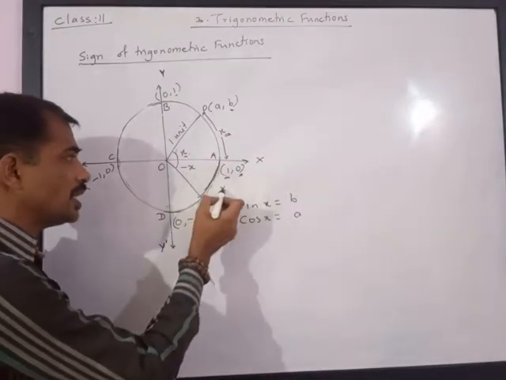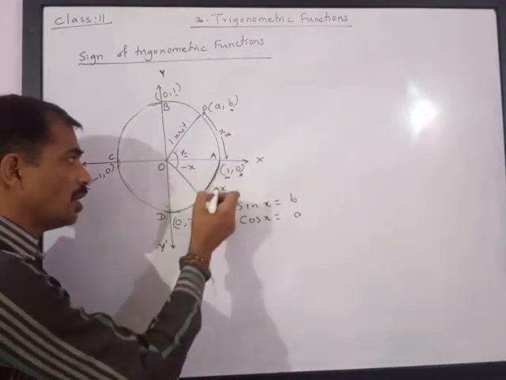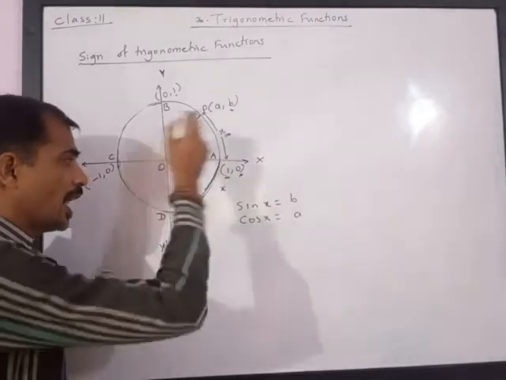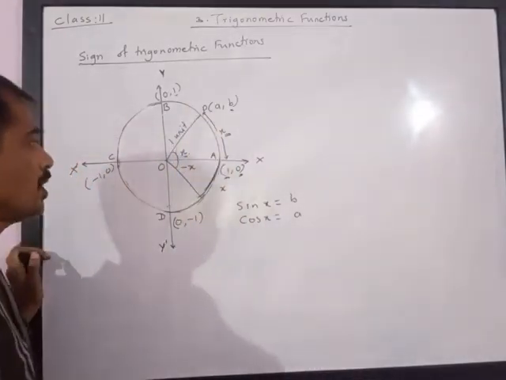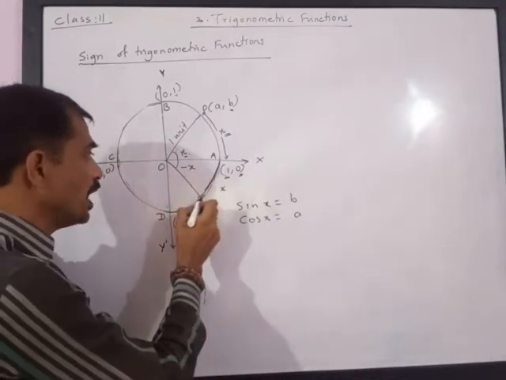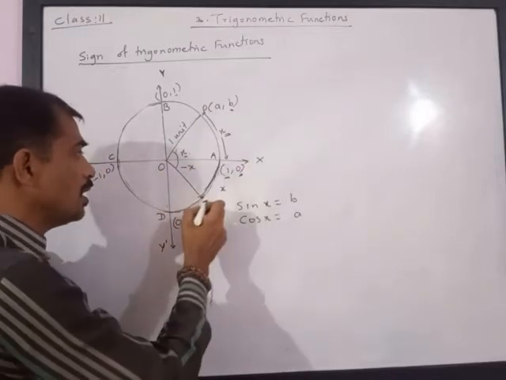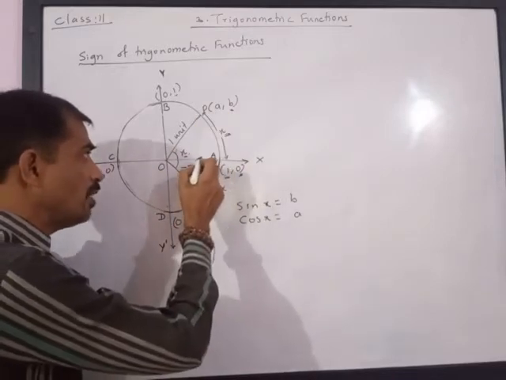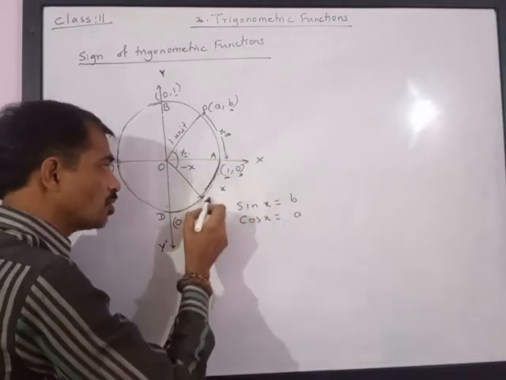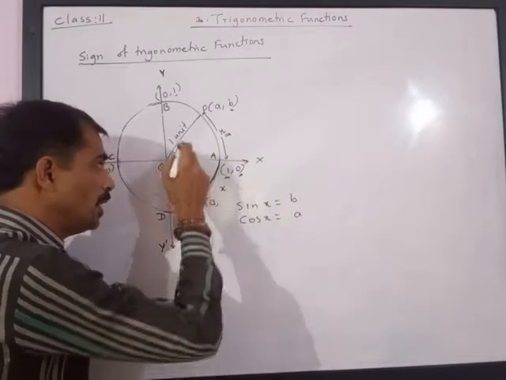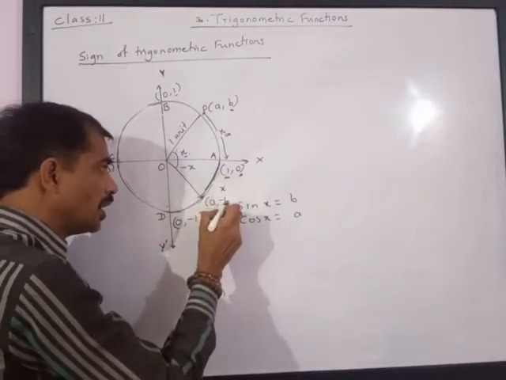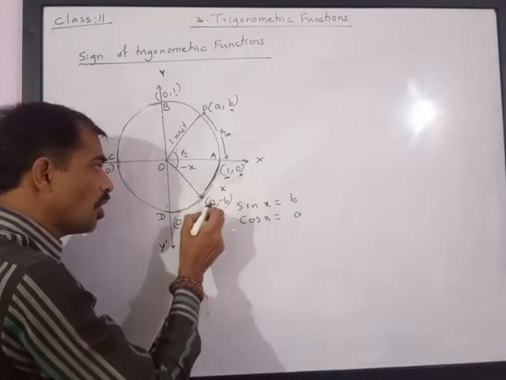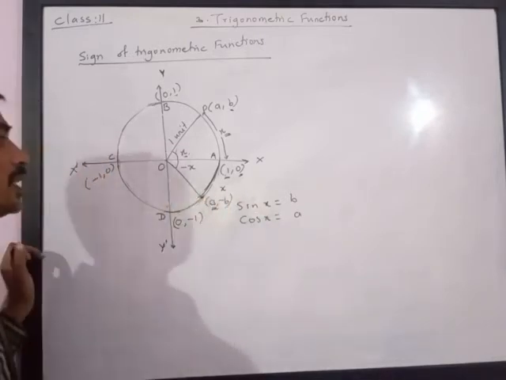Now if this is x, this will be negative x, since it is in the direction of the clock. Now if you see the coordinates, please note, the x coordinate will be positive because it is in the fourth quadrant. So a will be positive and b, the y coordinate, will be negative. Understand this: here the x coordinate is positive and the y coordinate is negative.